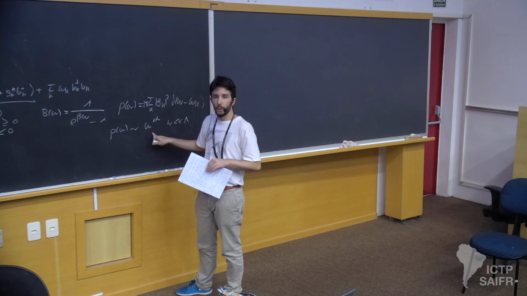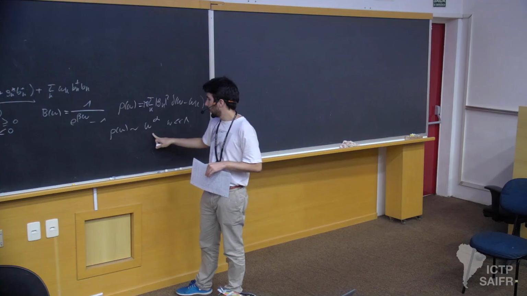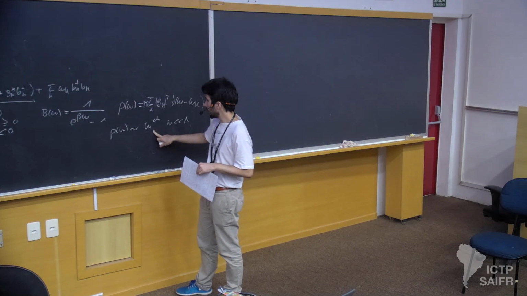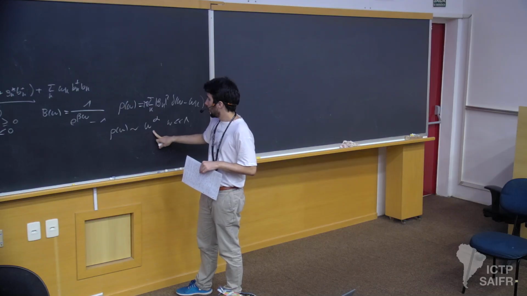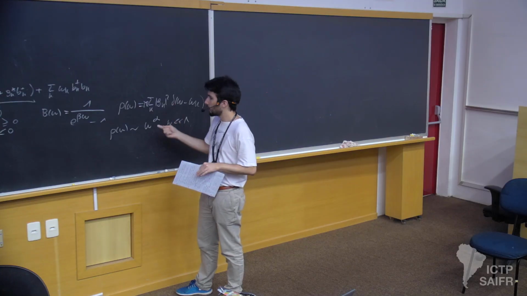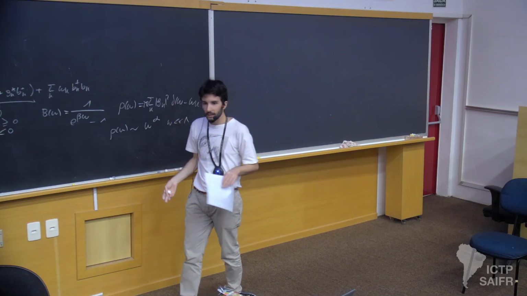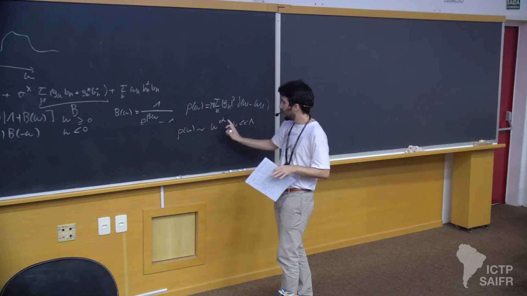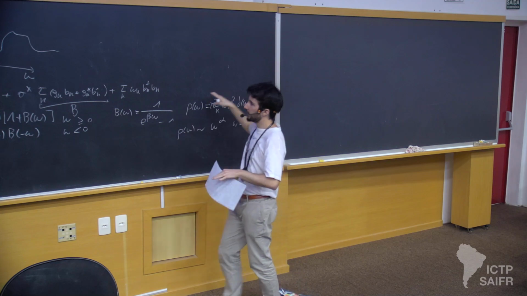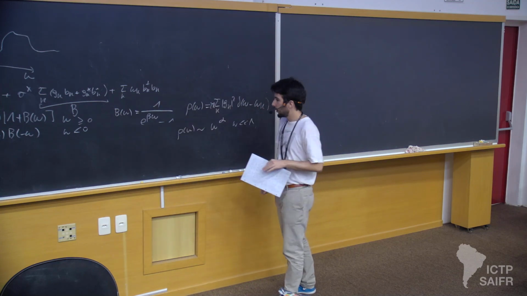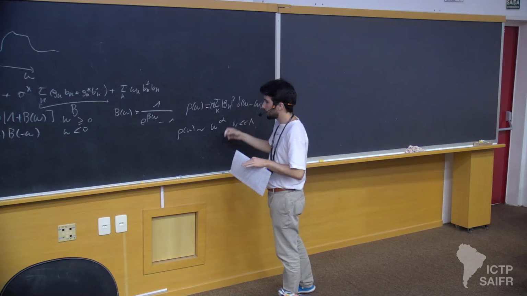For instance, alpha equal 1 is the so-called ohmic case, and you find it, for instance, in metals, whereas alpha equal 3 is the case for the electromagnetic field in free space. So for the decay of atoms in free space, the situation is exactly like this with so-called super-ohmic frequency dependence. That's omega to the third.